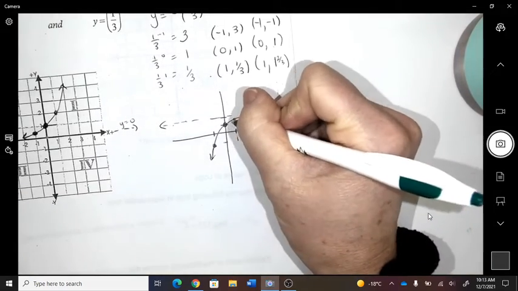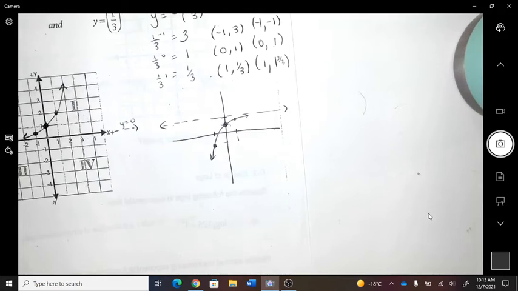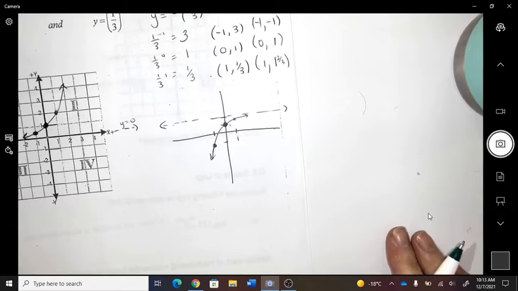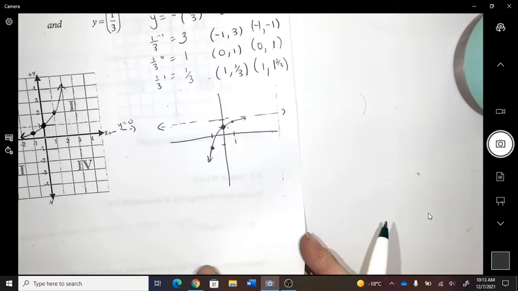And then we can't forget, if we're making our own graph, to put some numbers on things. So you'll have some kind of exponential to graph on your test.